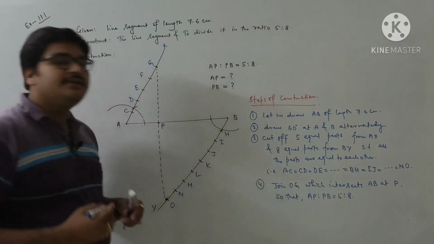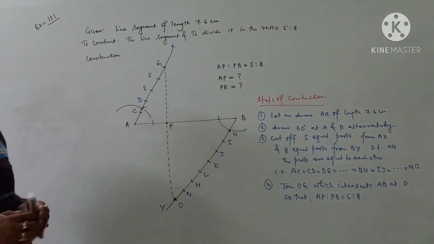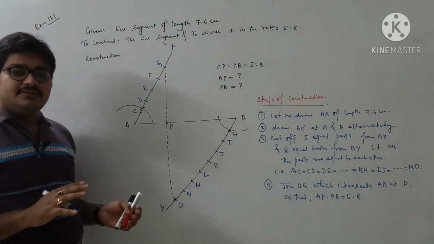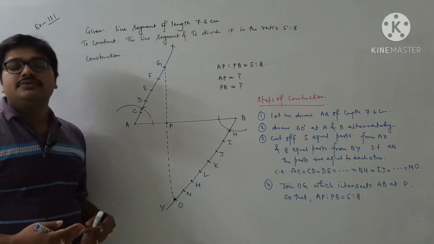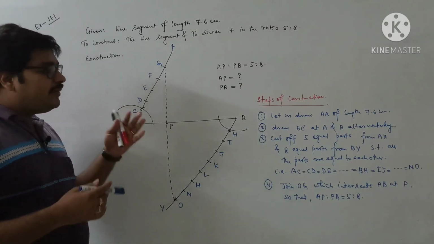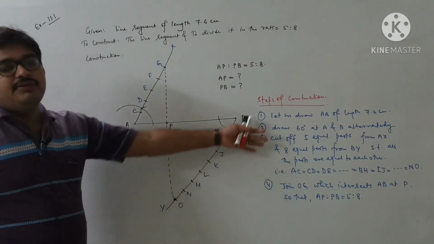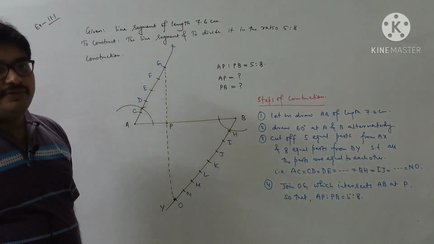Now our work is completed. I think you understand the steps of construction. You have to use your own language to write them. If you have understood the construction, you can write the steps of construction in your own way.